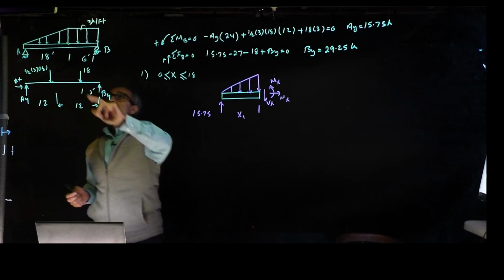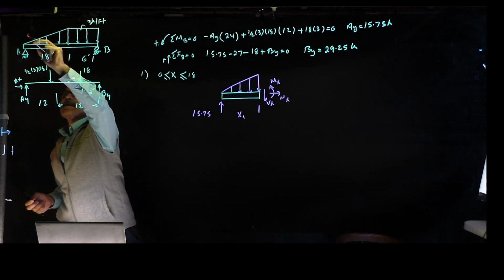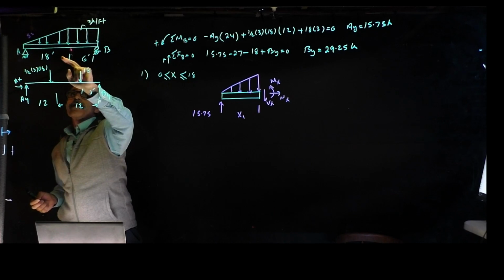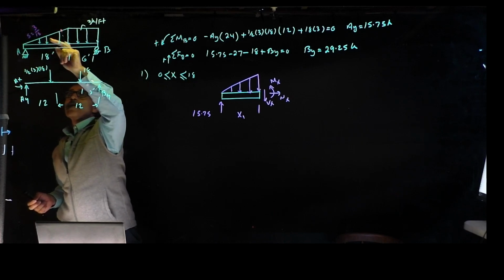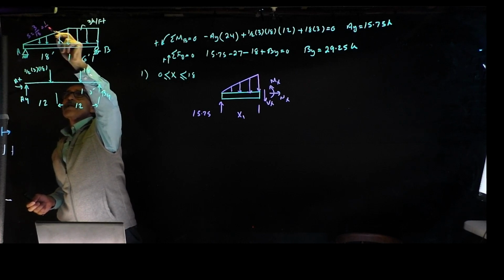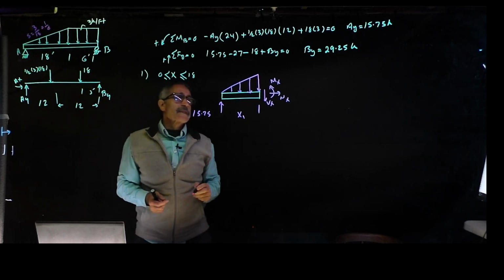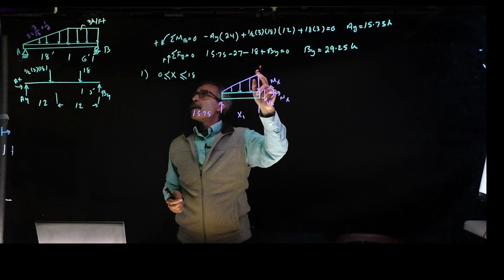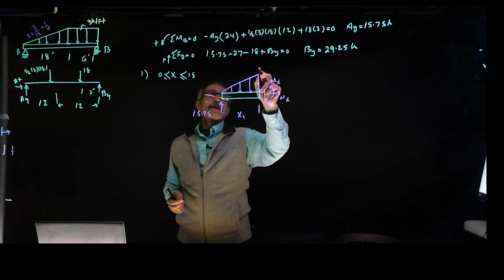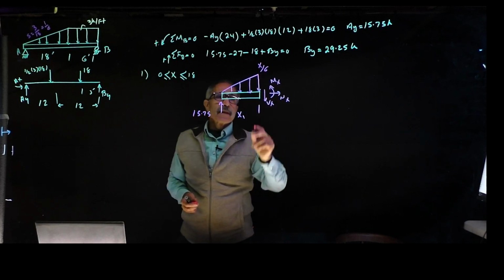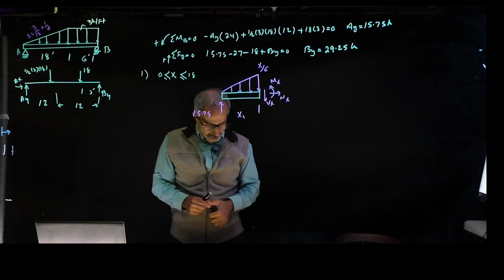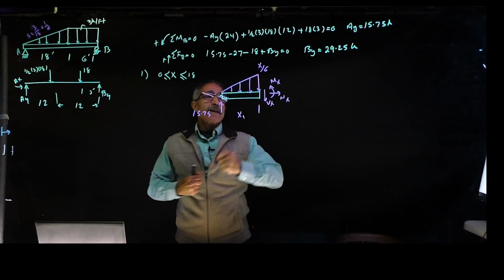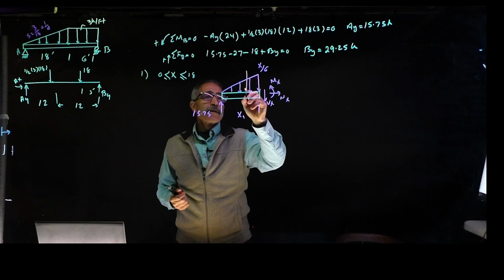I want to know what the slope of this line is here. The slope is rise divided by run. So I got 3 divided by 18, and if I divide by 18, that becomes 1 over 6, right? So the slope is 1 over 6, and therefore this is going to become 1 over 6 times x, or x divided by 6. That's the magnitude. And then the concentrated load for this whole thing right here, we're going to replace with one load, which represents this whole thing.